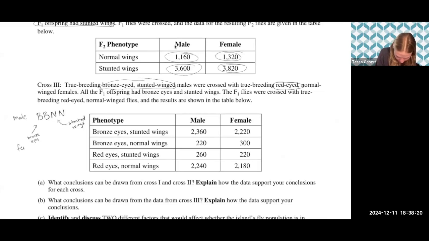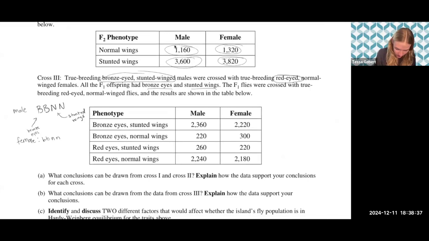The female is little b, little n. All the F1 offspring had bronze eyes and stunted wings. So all the F1s should have this genotype. This is the F1s.